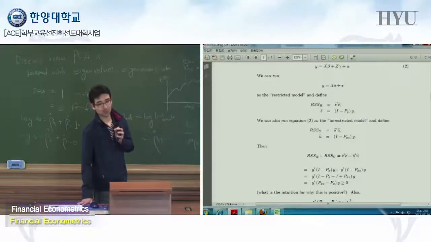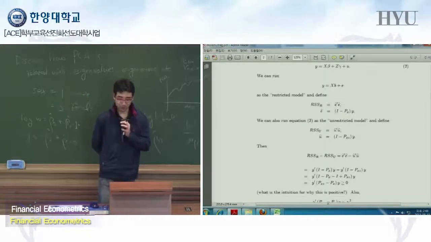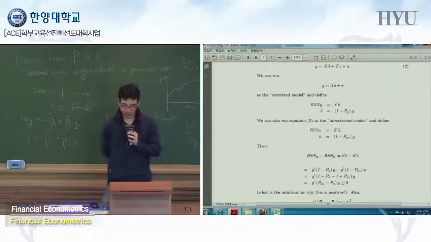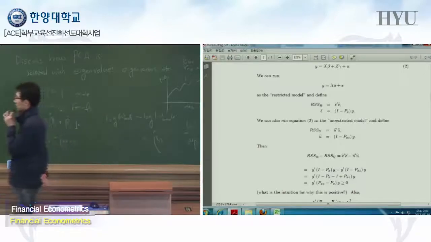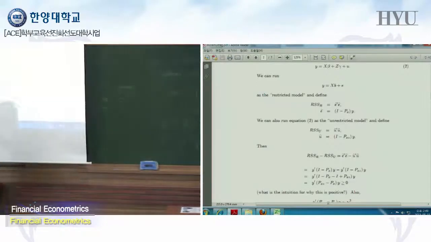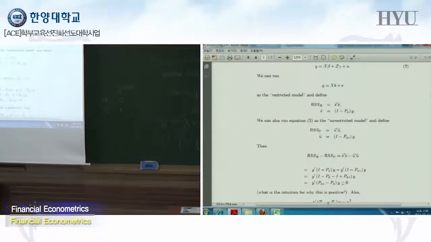So (I minus P) multiplied by (I minus P) is just I minus P, as you know. So anyway, RSSR is Y prime (I minus PX) Y, and RSSU is Y prime (I minus PXZ) Y. Right? And then we have Y prime and Y for both parts.